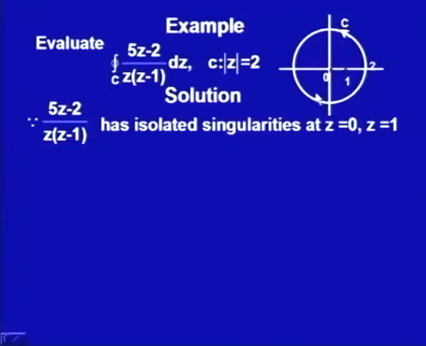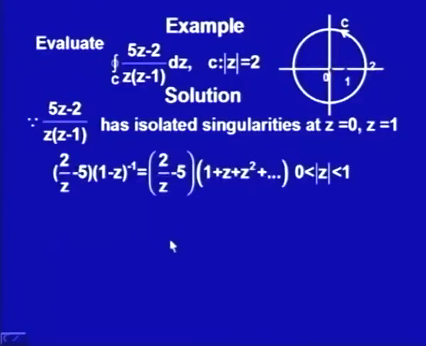Now we can apply the residue theorem, which says the integral along this contour is 2πi times the sum of the residues at 0 and at 1. So for that we require the residue of this function at 0 and at 1.